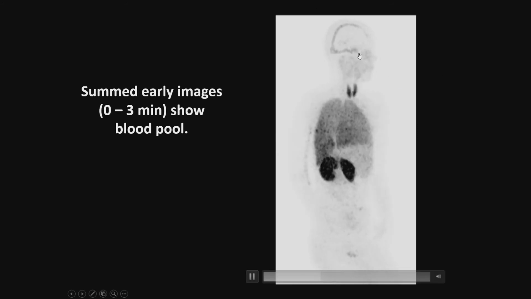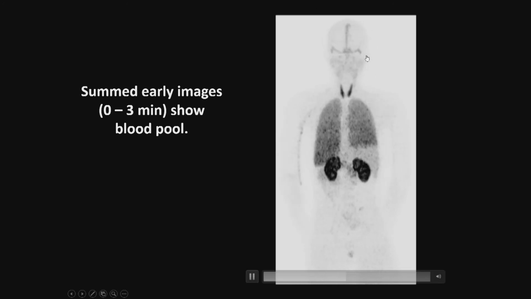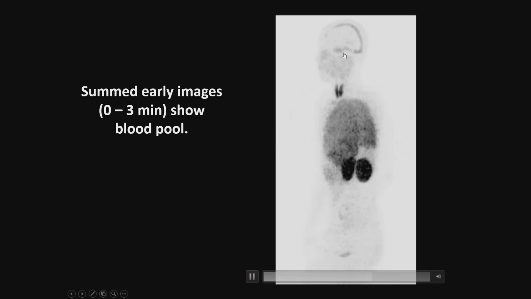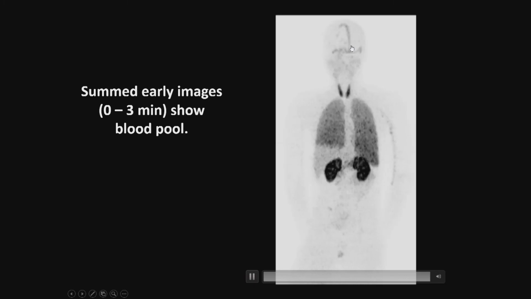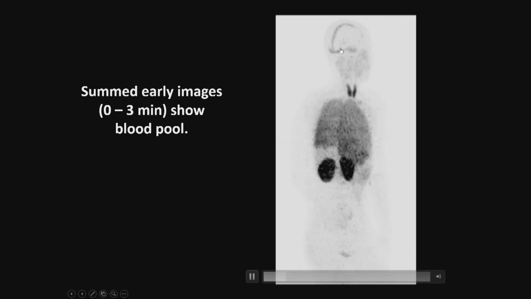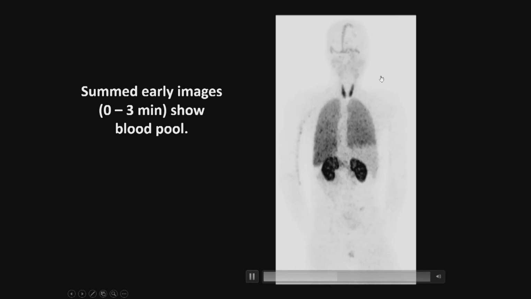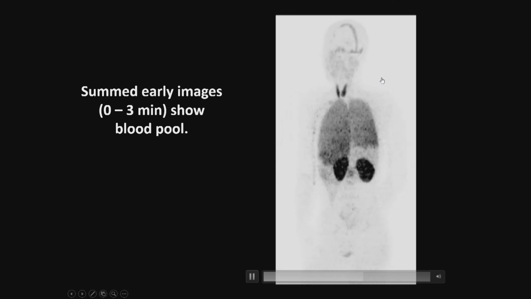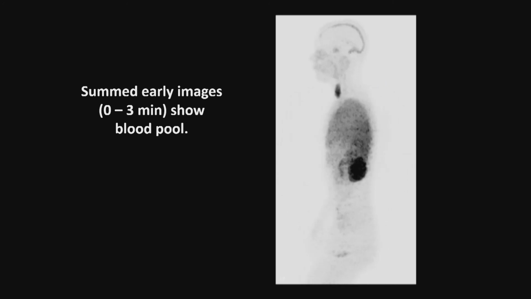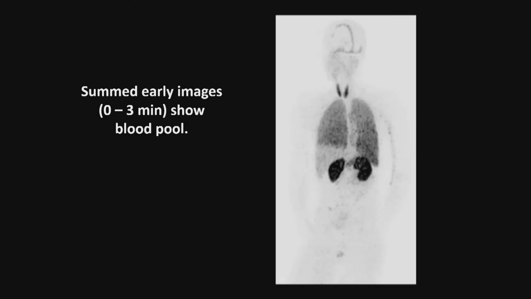There is high uptake in the pituitary, but you also see this structure here. I wonder if any of you know what that is. That is the venous sinus of the brain, which we hardly ever see in the PET imaging studies that I do. This drug, the radioligand, is blocked from entering the brain, and it stays in the blood.